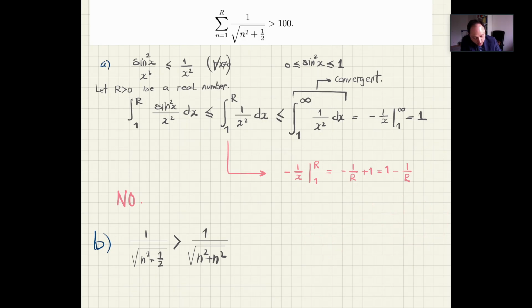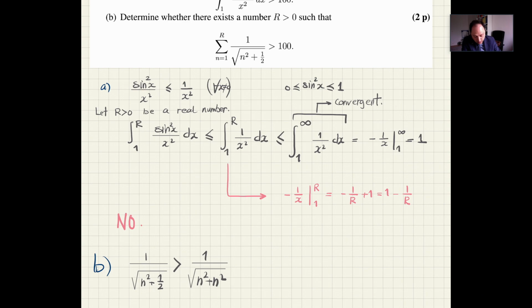This diverges. If the bigger one diverges, I cannot conclude anything about the smaller one. So this is why I cannot simply get rid of this 1 over 2. Because I want to have this direction, so I have to make this denominator bigger. So I chose to write n squared, and that's definitely the case because the lowest value of n is 1.